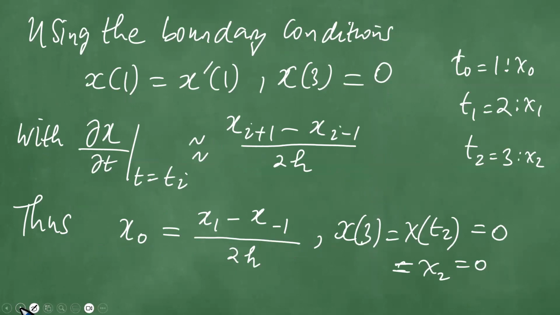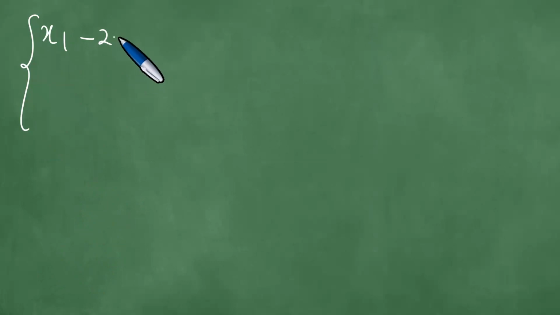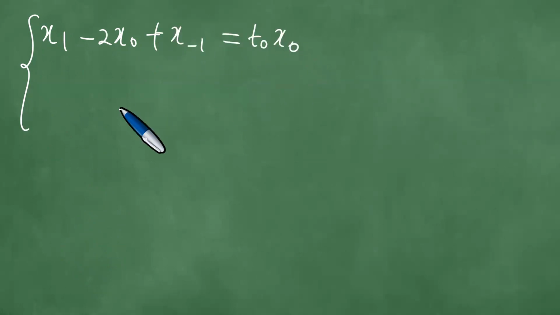Now, x1 minus 2x naught plus x subscript minus 1 equals t0 x0.